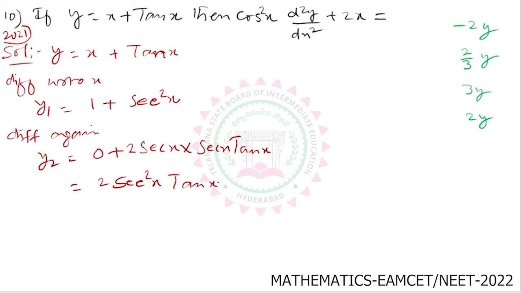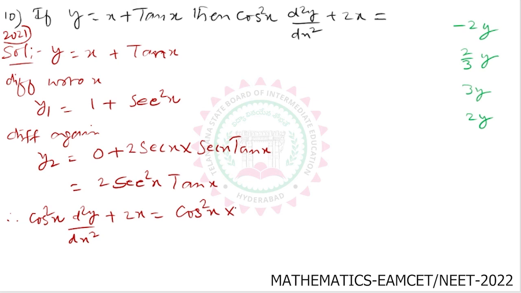Okay. Now basically I want the value of cos square x into d2y by dx square. This is cos square x into y2. Therefore cos square x into d2y by dx square plus 2x is equal to cos square x remain as it is into the value of d2y by dx square.